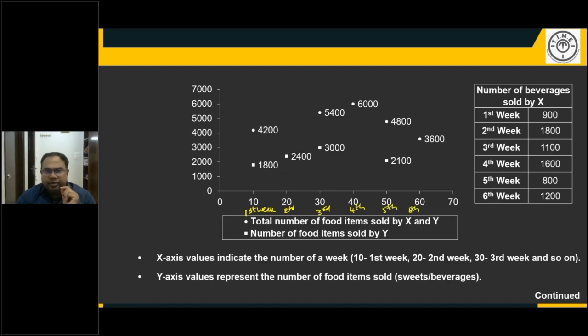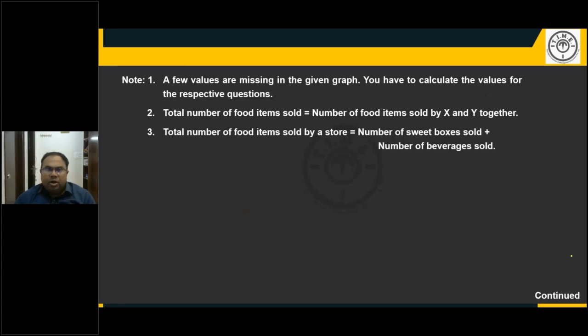Right? Y value represents the number of food items sold. Okay. Sweets and beverages. So we have also got a table which shows beverages sold in first week, second week by X. Okay. A few values are missing in the graph. You need to find out depending on the respective question.